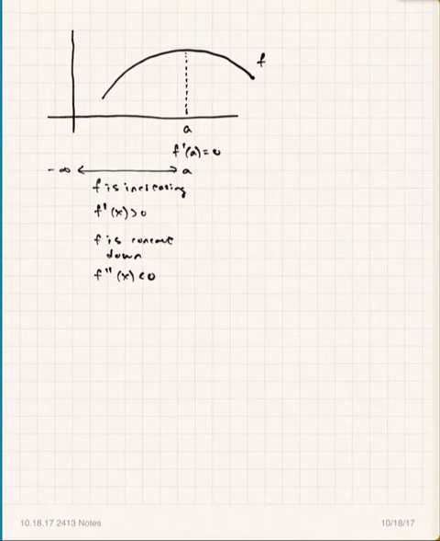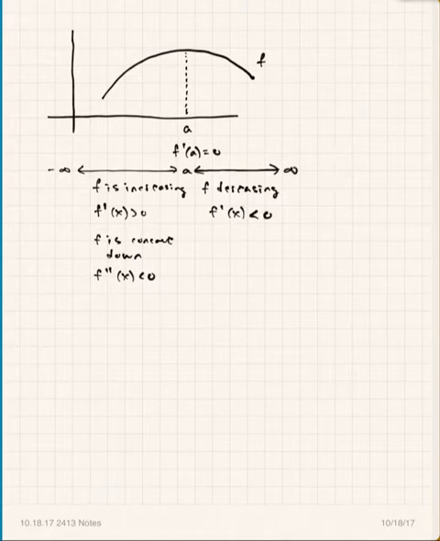Now what happens at a? At a, you get a change, don't you? At a, the function goes from increasing to decreasing. And so now f is decreasing right here, and so its derivative must be negative in that interval, from a to infinity.